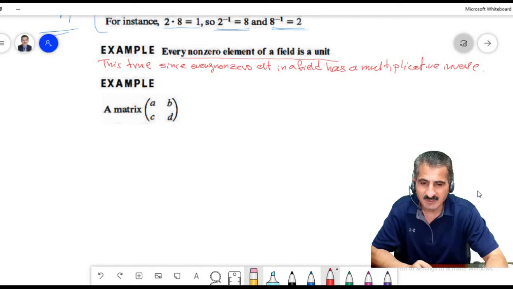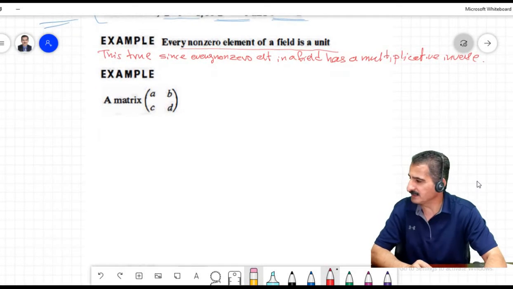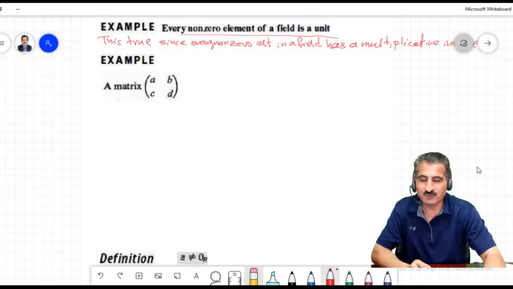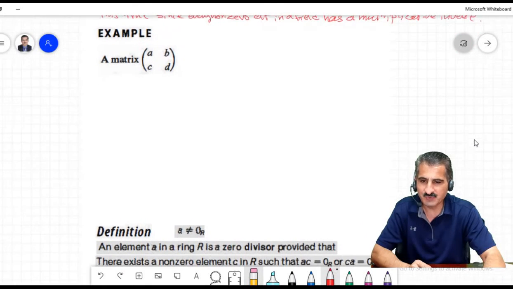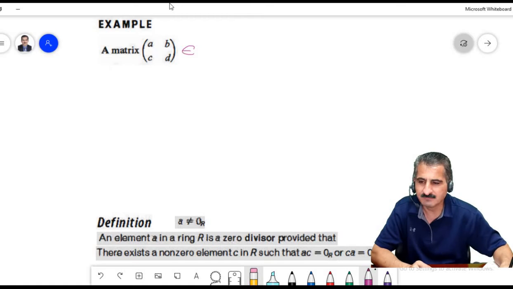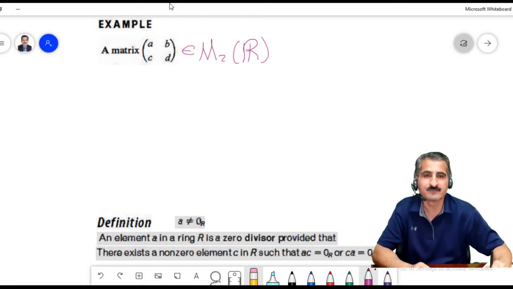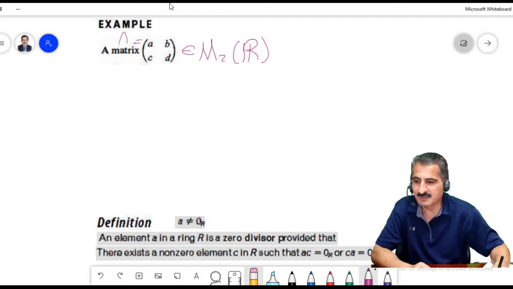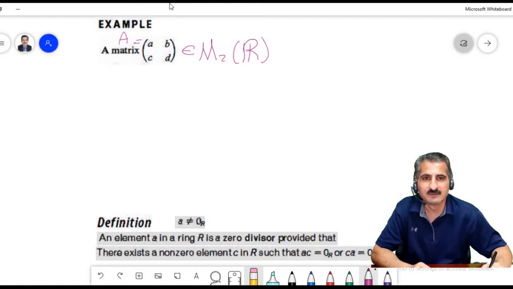Okay. Now let's go to rings of 2 by 2 matrices, and we may assume for this specific example that this ring comes from 2 by 2 matrices with entries from the real numbers. So let me call this matrix capital A. Now the question is, when is this element, which is a matrix, a unit, which means it has an inverse, which means an invertible matrix.